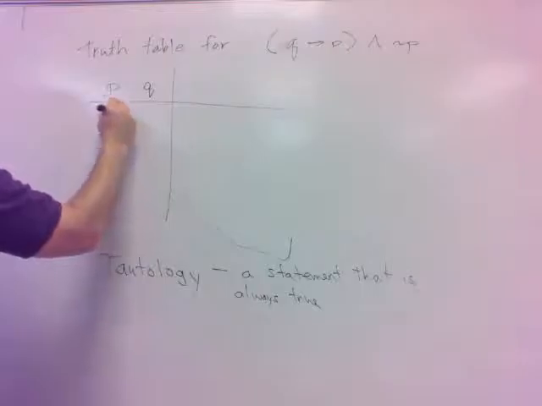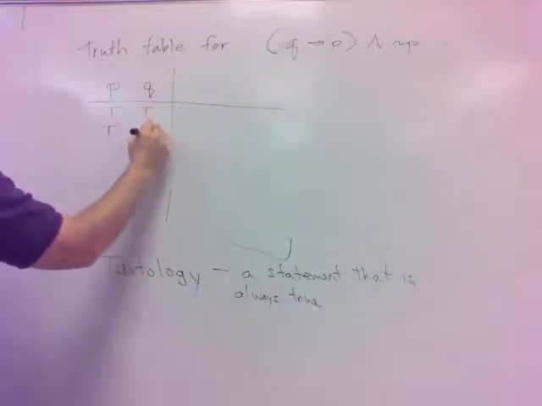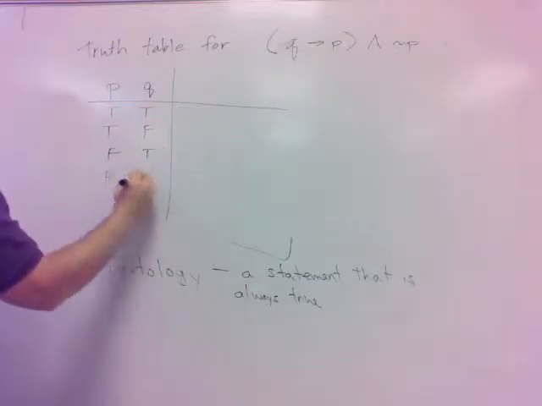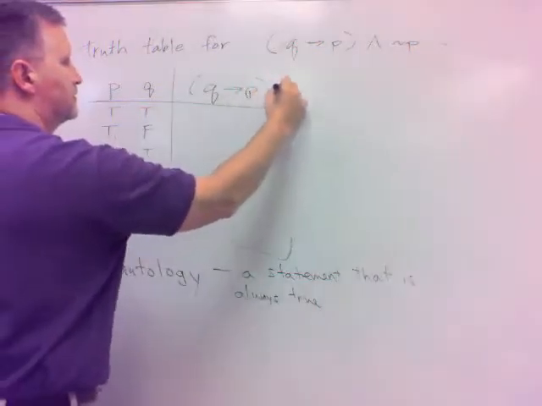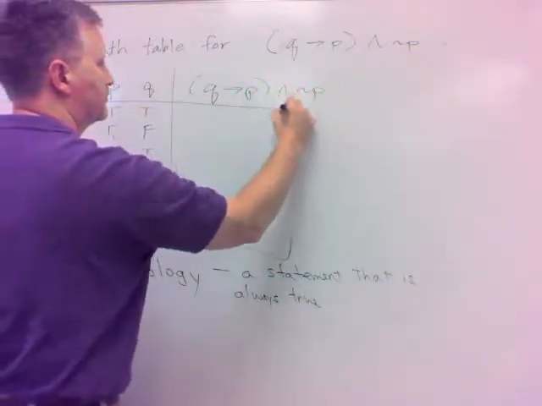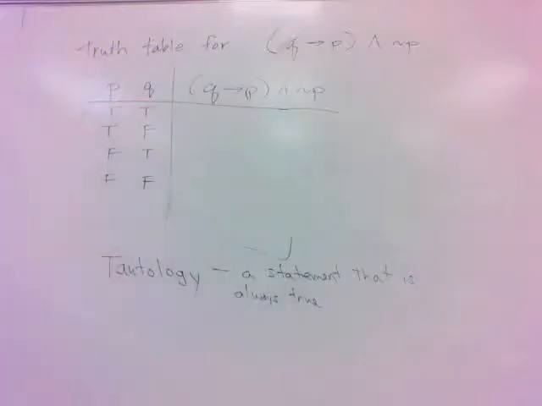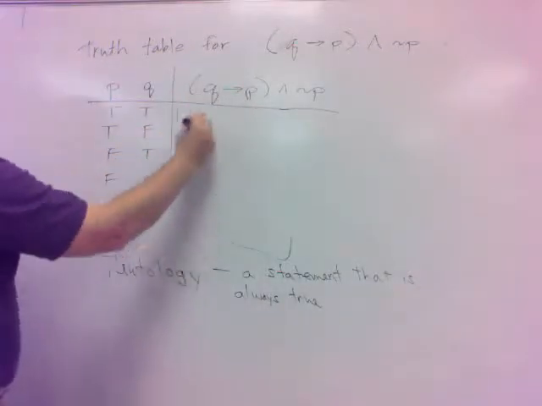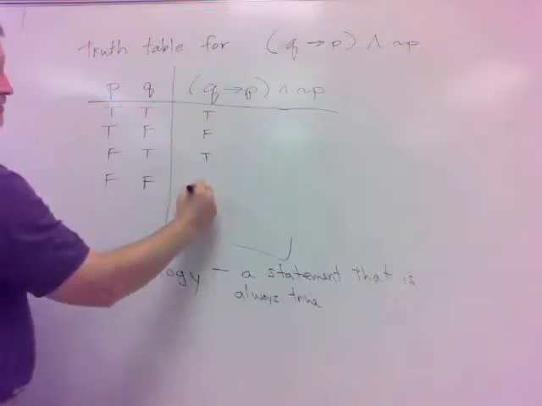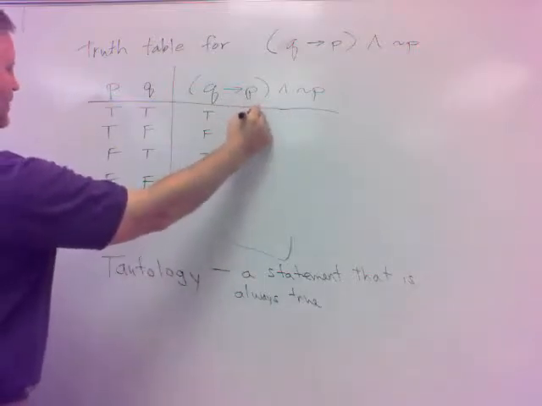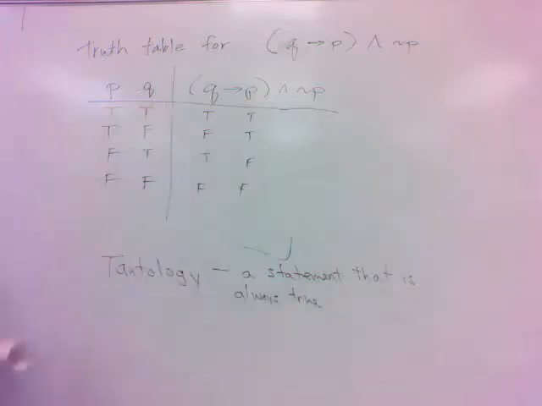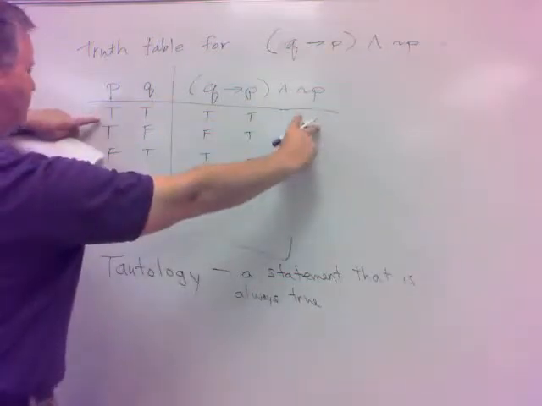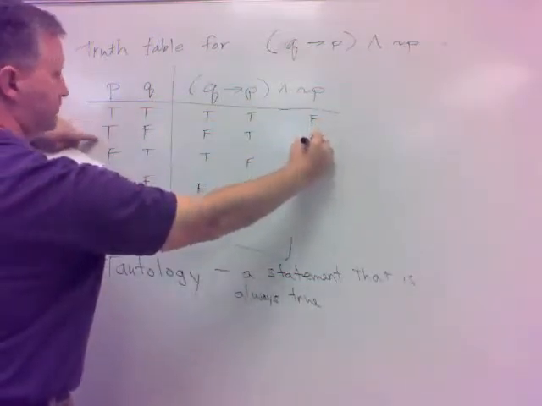Do the P's and Q's: true, true, false, false for P, and true, false, true, false for Q. Just copying those two columns, and then not P on the end would be false, false, true, true.